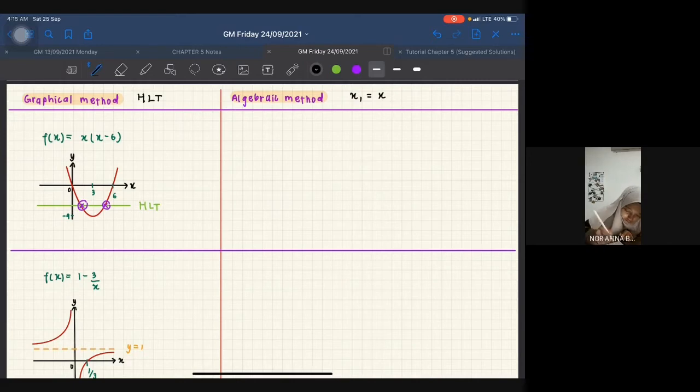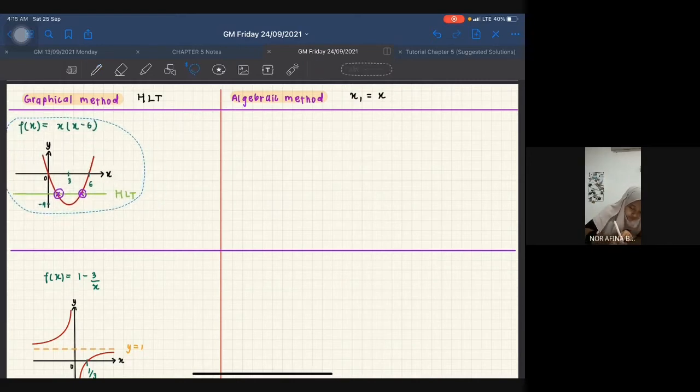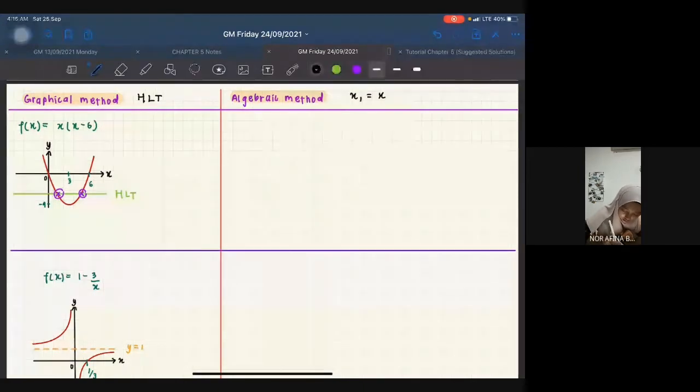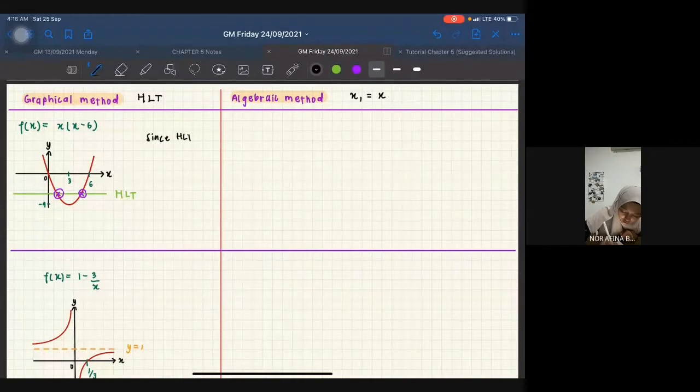Okay, so awak tulis lah dekat tepi ni. So saya pindahkan dia sikit. So kita tulis conclusion kat sini. So since HLT cuts the graph at 2 points, it is not a one-to-one function.